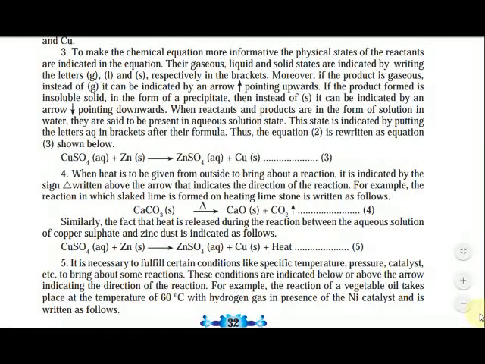For example, the reaction of a vegetable oil takes place at the temperature of 60 degrees Celsius with hydrogen gas in presence of nickel catalyst and is written as follows. Vegetable oil at 60 degrees Celsius, if we heat it with hydrogen gas in presence of nickel catalyst, it is written as follows.